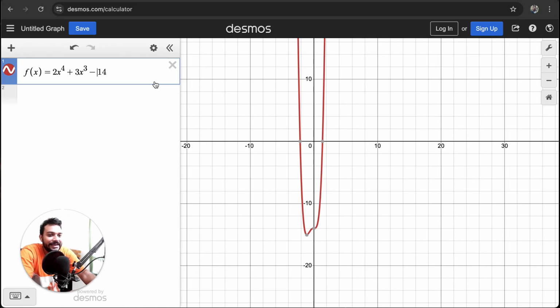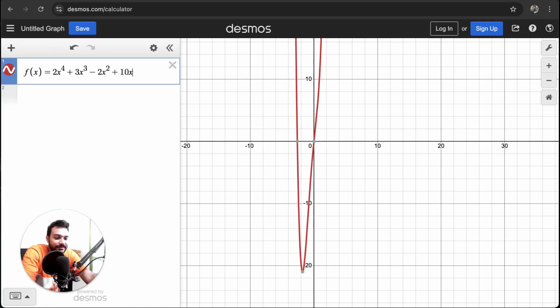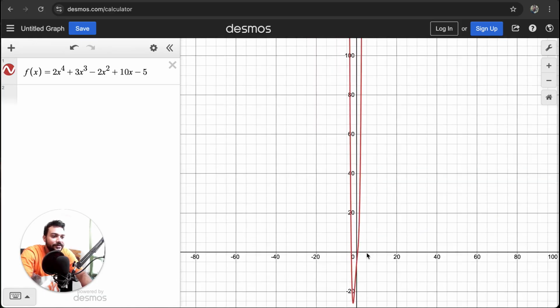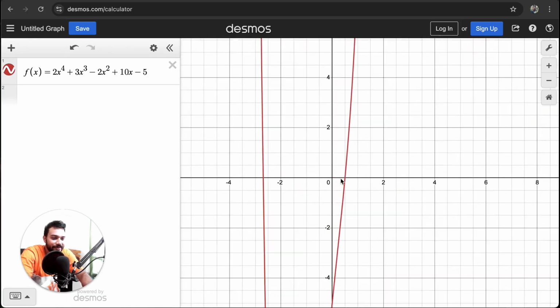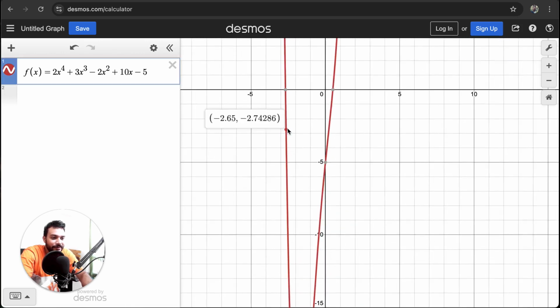Let's introduce the x squared and x terms as well, so that you get more roots. So 2x squared plus 10x minus 5. Okay. Now when we look at the curve of this, what are the points it's showing?